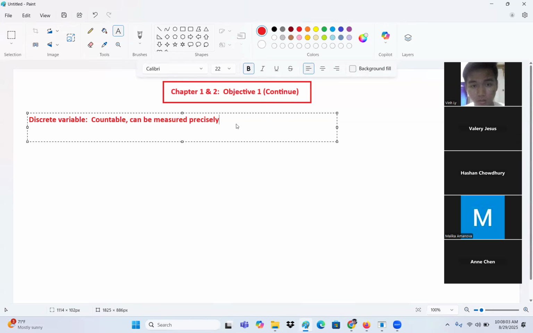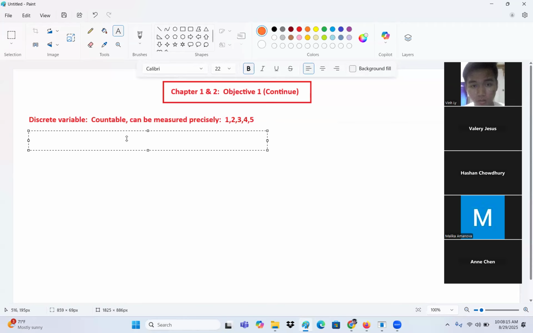Let's say one, two, three, four, five, like the number of hours that we sleep each day. Let me give some examples to elaborate. Say it's 6 hours, so we call it a discrete variable.